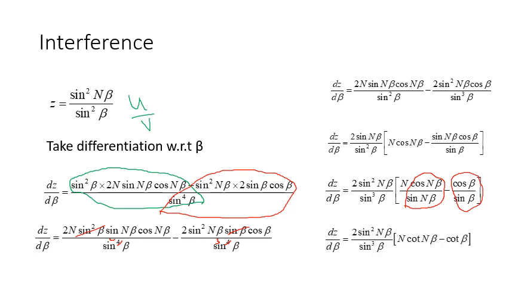So this expression becomes dz by d beta equal to 2 into sine square n beta divided by sine cube beta into (n cot n beta minus cot beta). Here n is the number of slits.